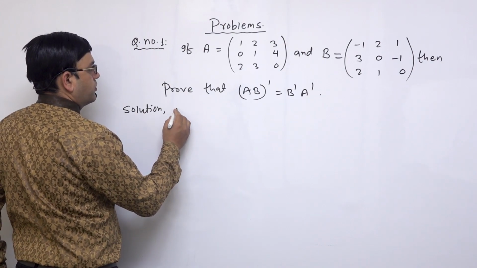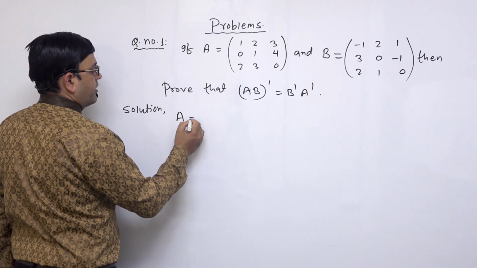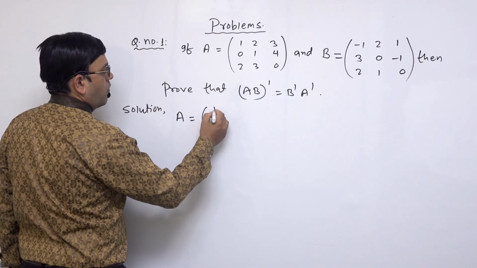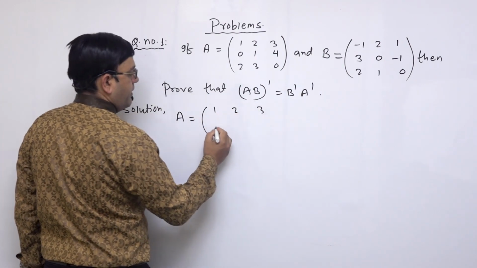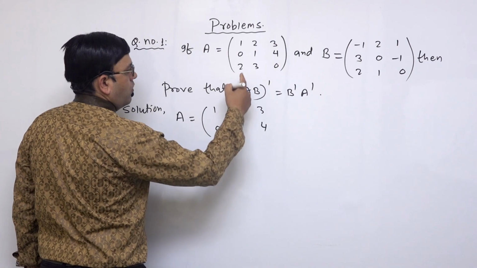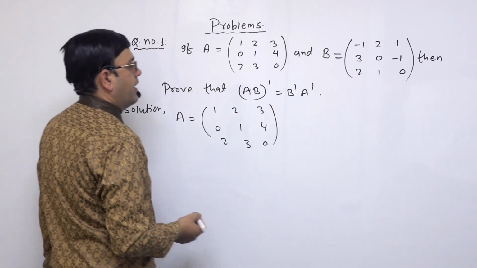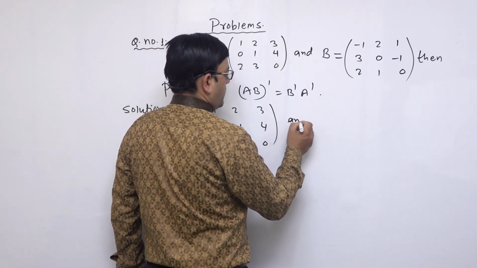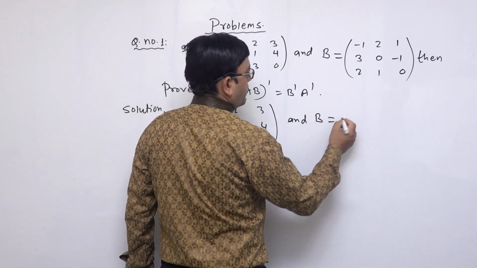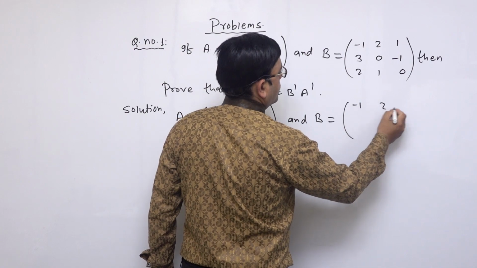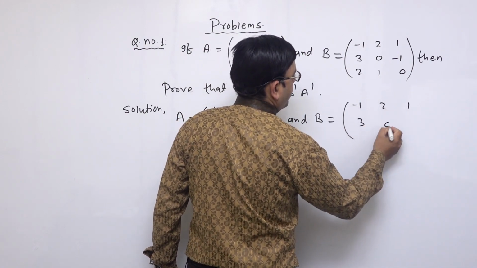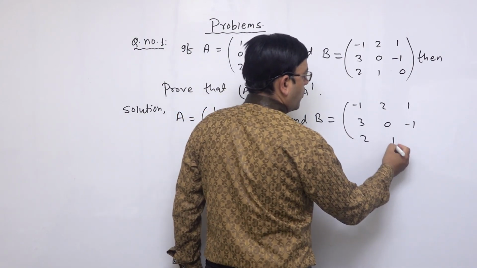Here, given A is equal to [1 2 3; 0 1 4; 2 3 0]. This is matrix A, and the given matrix B is equal to [-1 2 1; 3 0 -1; 2 1 0].